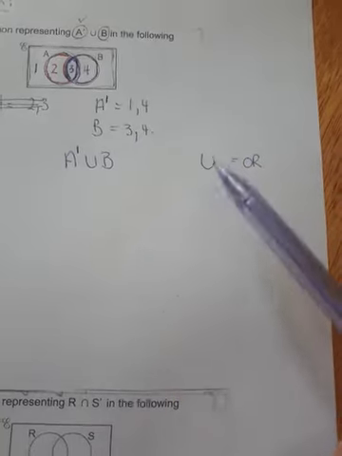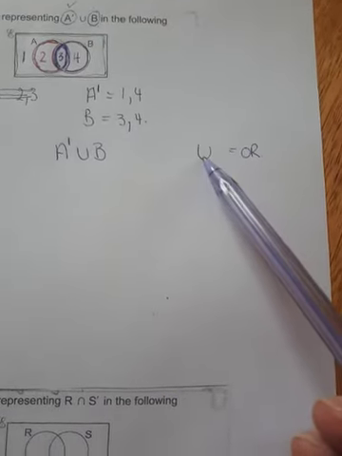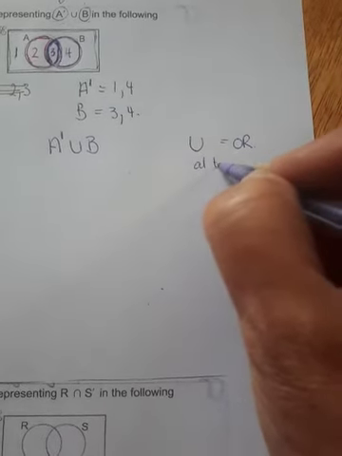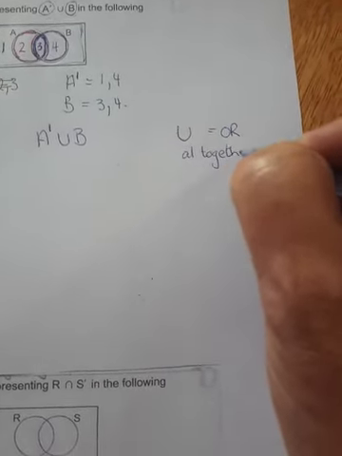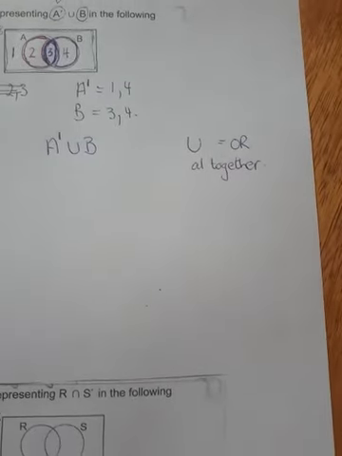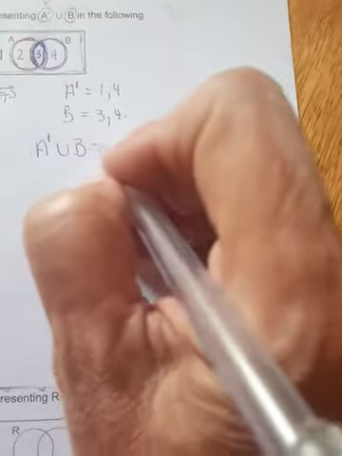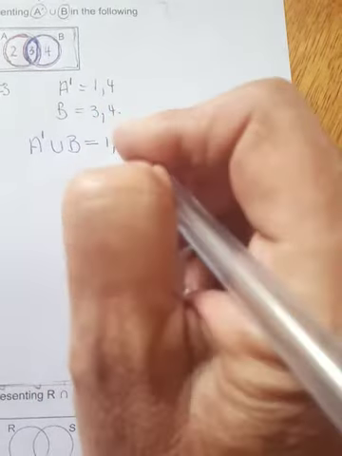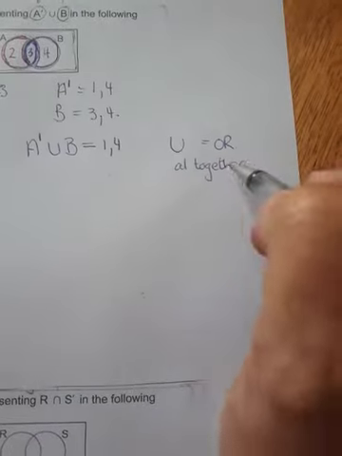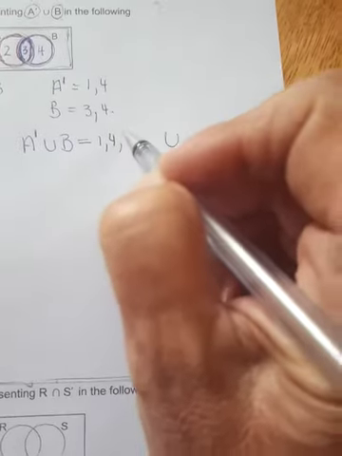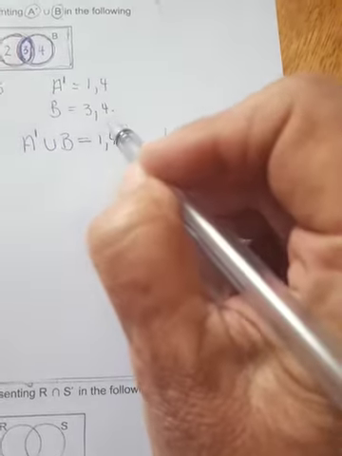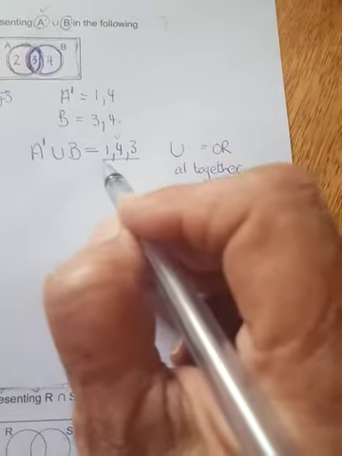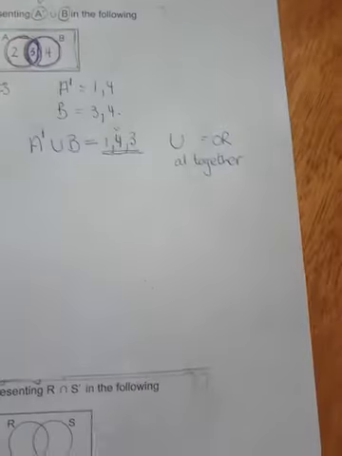Also remember, union, I told you, is really all together. So it means that you must now shade the regions of 1, 4, together with 3 and 4. But 4 we already have. So what do you need to shade? You need to shade region 1, 4, and 3.